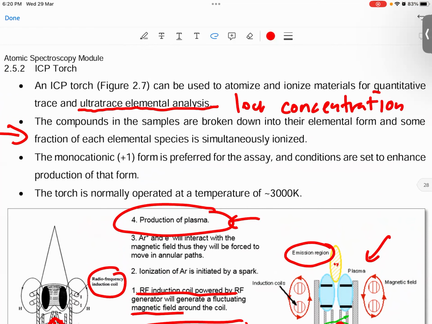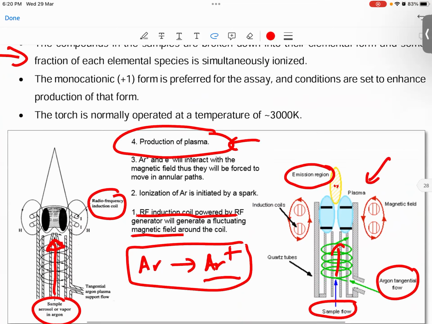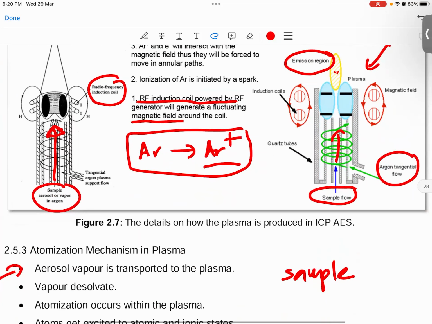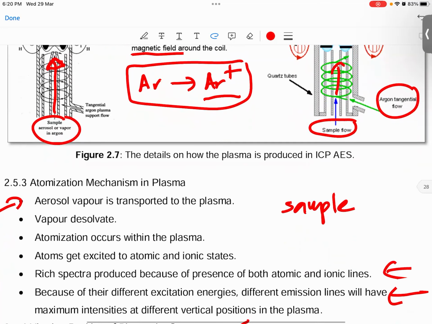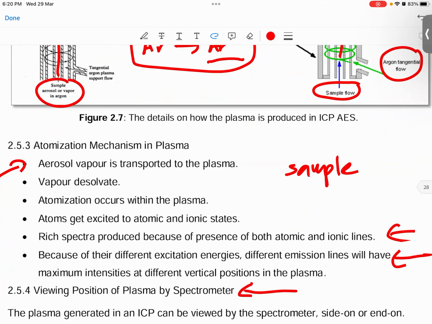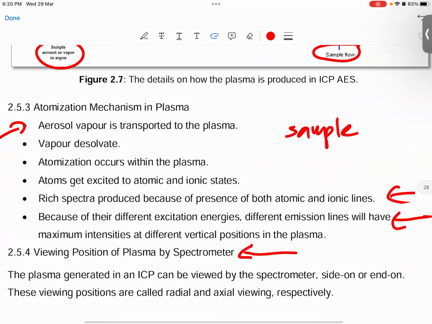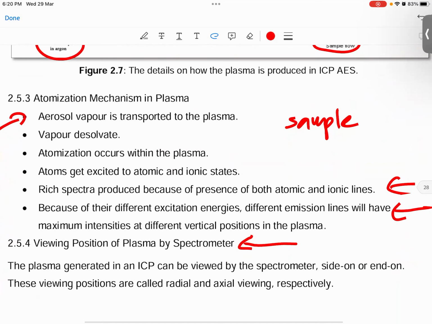Okay, so this is the one that I want to convey to you, the use of inductively coupled plasma. The rest are similar. Aerosol, as I mentioned, aerosolized, dissolution, atomization, and excitation occur in the plasma.